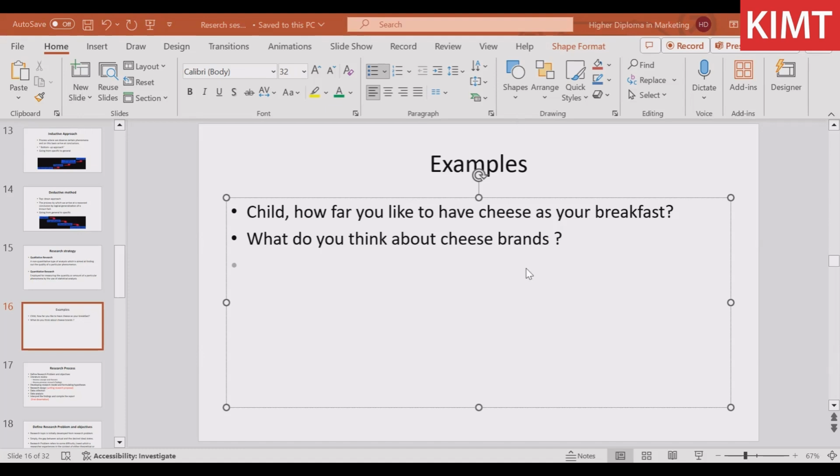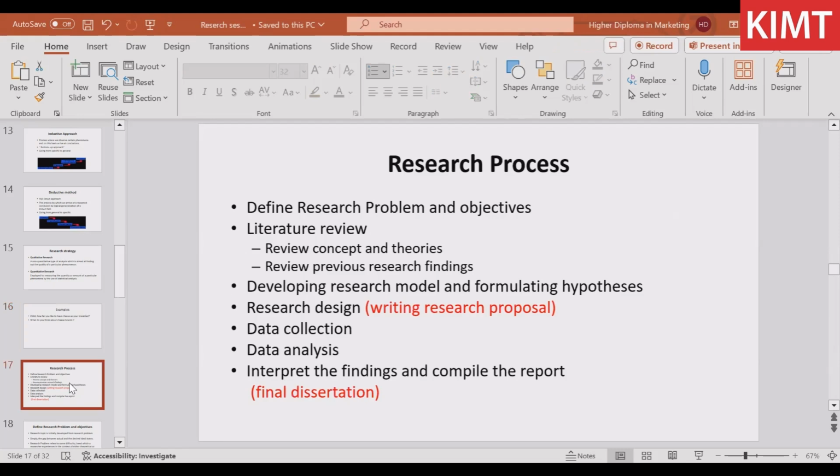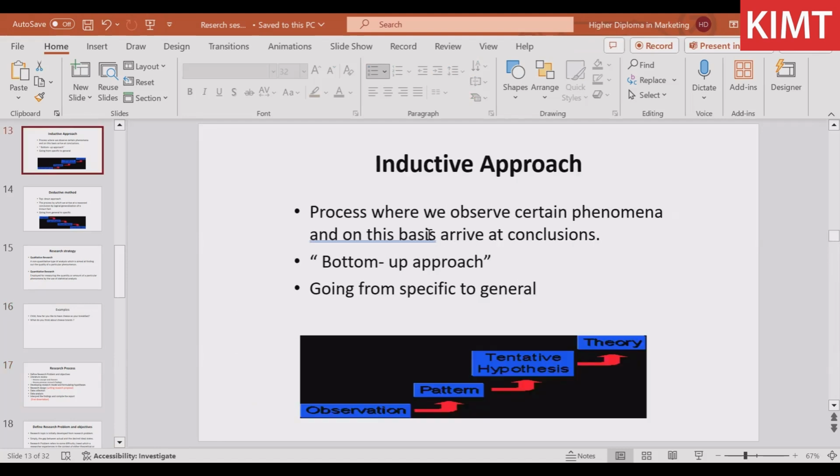So now the connection between quantitative and qualitative is, remember, if you do inductive, it means you yourself search. Which method is more suitable for inductive, qualitative or quantitative? Qualitative.